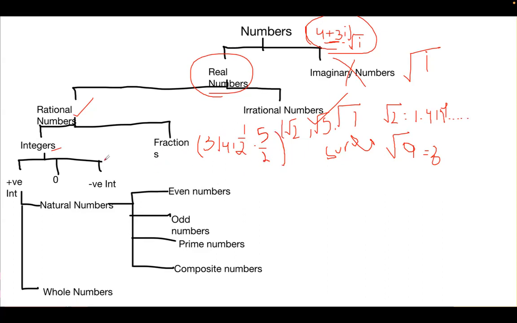And integers, normal integers, are like minus 99, minus 98, minus 97, minus 96, and so on.